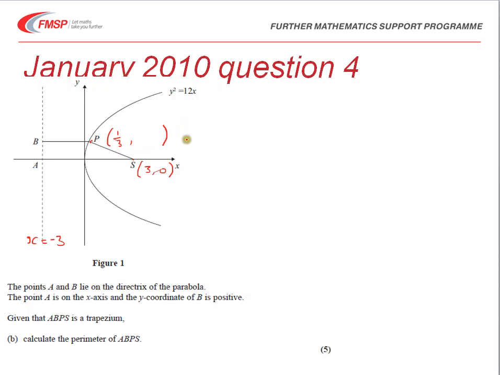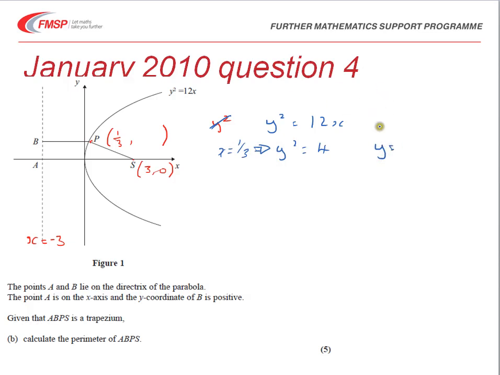Looking at that, we can get that simply by using the equation. If y squared is equal to 12x, then y squared is equal to 4 when x is equal to 1/3, and therefore y is equal to plus or minus 2.